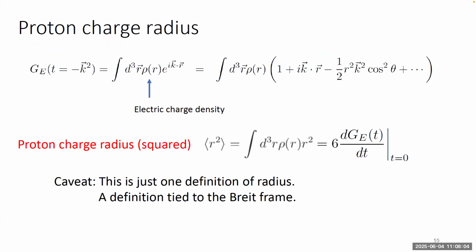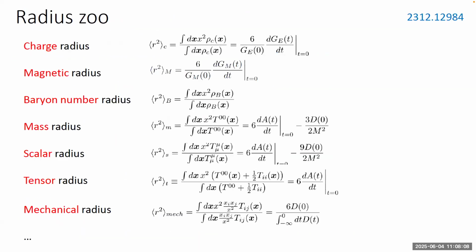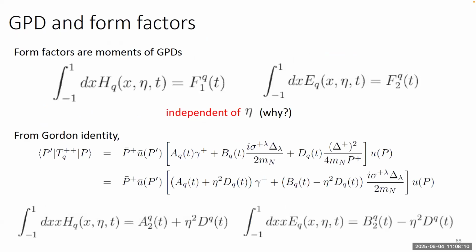Then you have an extra term, which is proportional to the D function. So this is a more general relation, which also depends on skewness and t. In principle, if you can measure this GPD from experiments very precisely, you should be able to extract this D function.